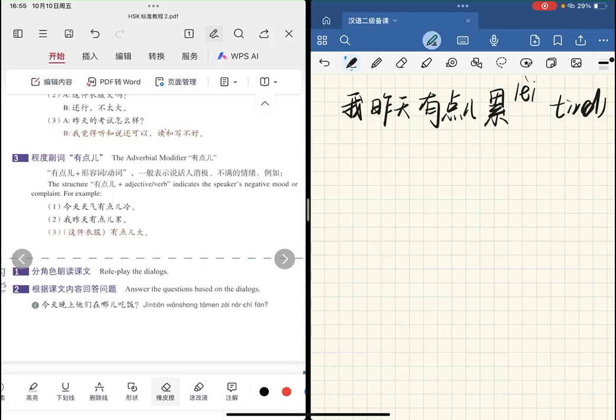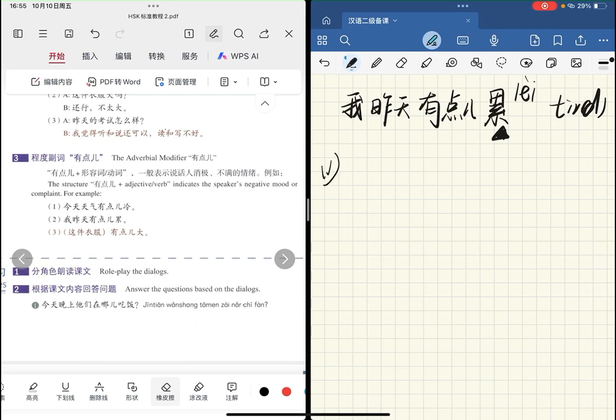So I was a bit tired yesterday. So for the tired, it expresses a negative feeling, right? So sometimes we don't add the positive adjective or the positive verb. We just add the words that express a negative feeling.